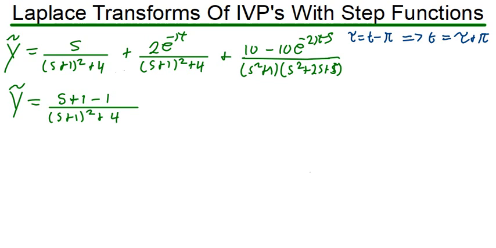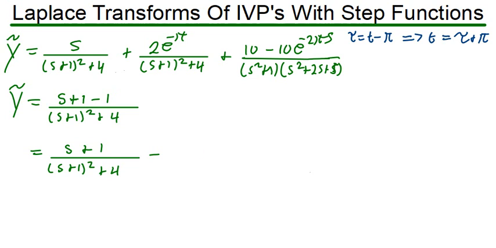For simplicity's sake, you observe I can write this as s plus 1 divided by s plus 1 squared plus 4, then that would be minus this one here.